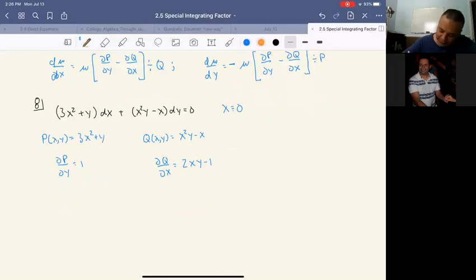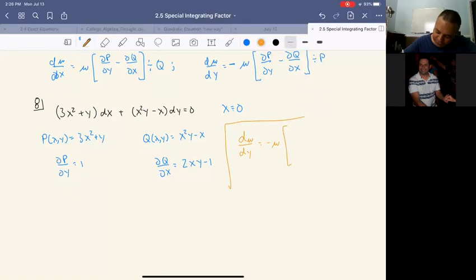So watch what happens when I do this. Let me do it in orange over here. d mu dy equals negative mu times... Now, partial of P with respect to y is 1, and partial of Q with respect to x is 2xy minus 1.